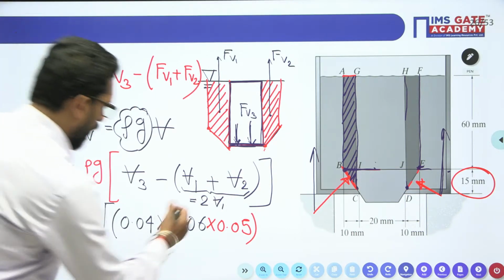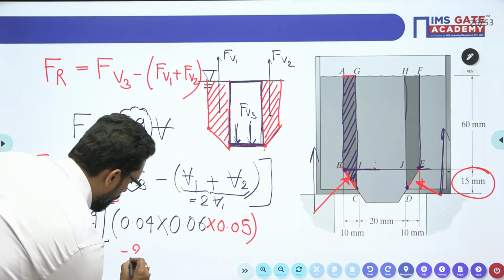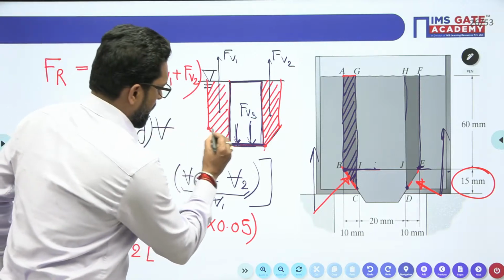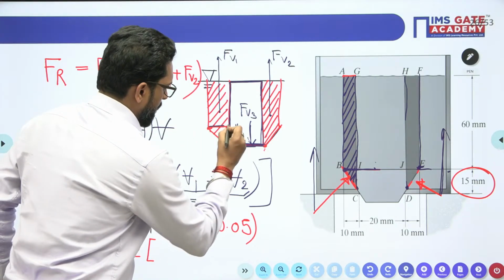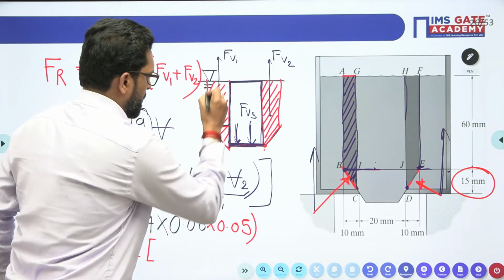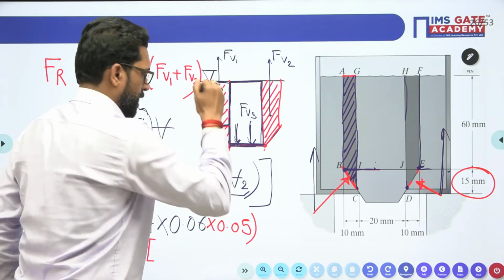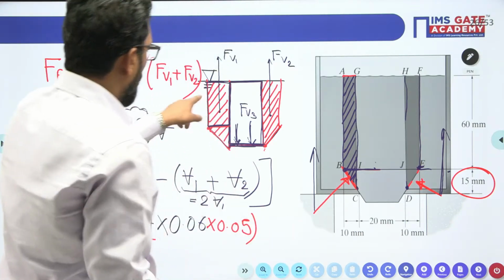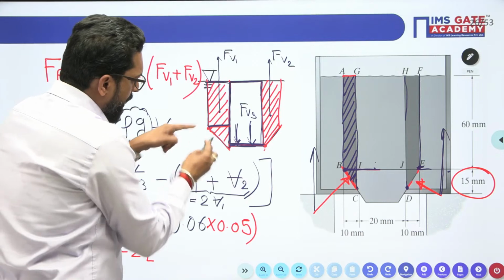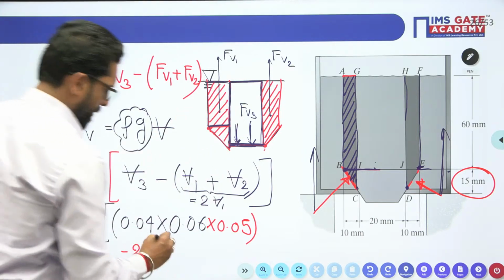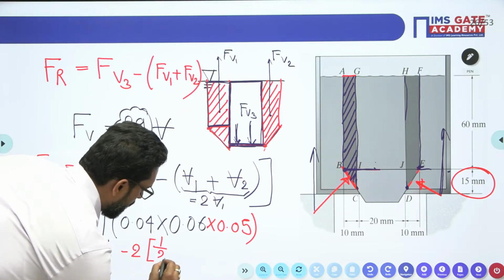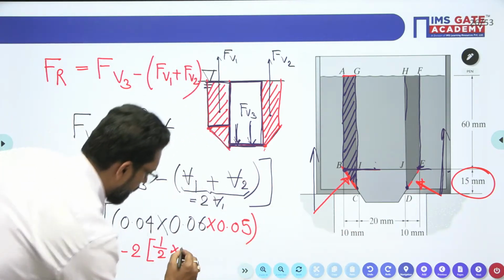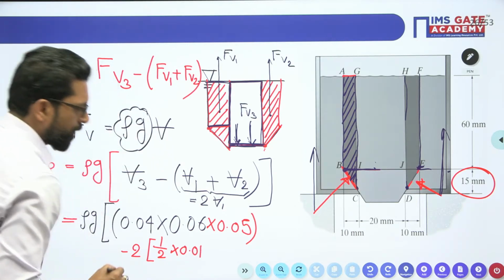From this one, we take minus 2 times V1. What is V1? You take this triangle, area of this triangle plus area of this rectangle, into depth. So what is this triangular area? Half into base. What is the base? 10, that is 0.01, into what is the height?